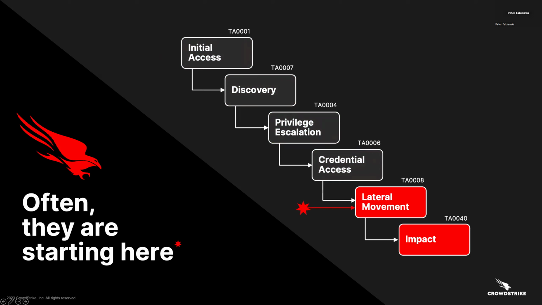This is where the living off the land technique can get really tricky, because these adversaries can pretty much move laterally undetected. This can include moving across endpoints, identities, and hybrid identity environments, either traditional on-prem Active Directory or, as I mentioned before, identity cloud providers like Entra ID and Okta.